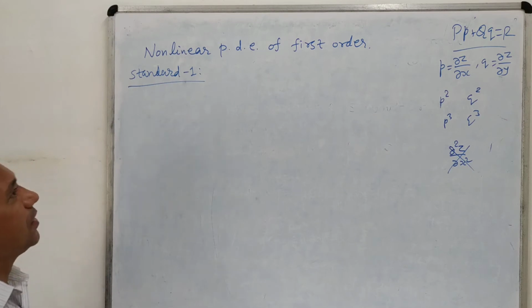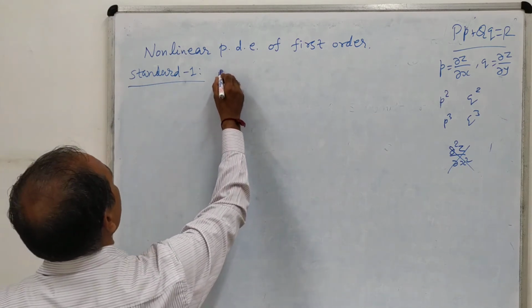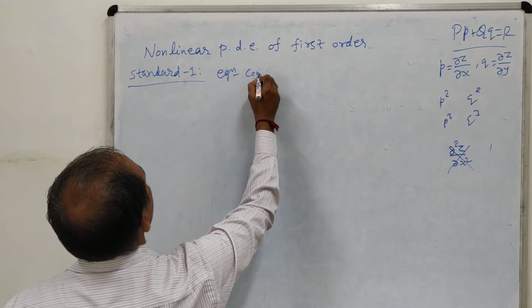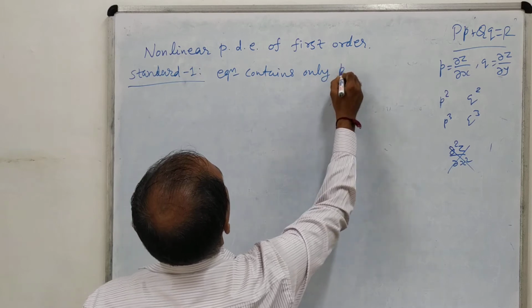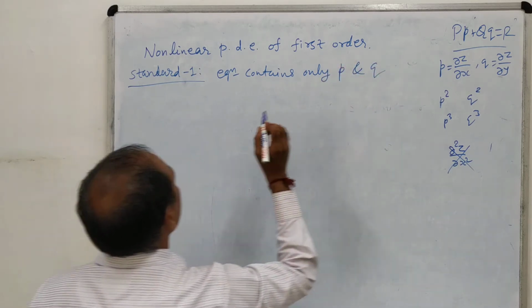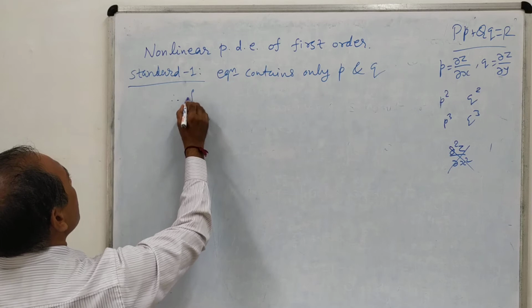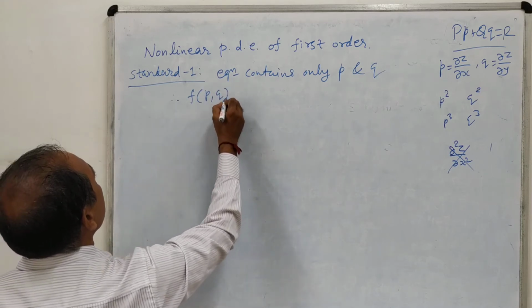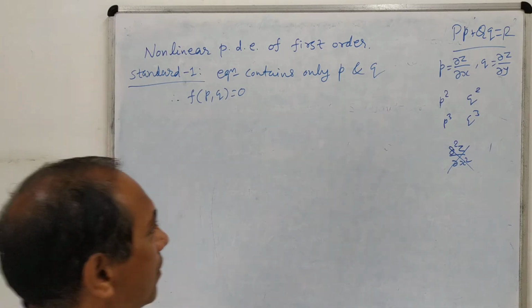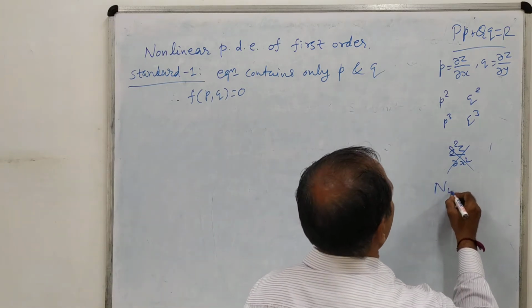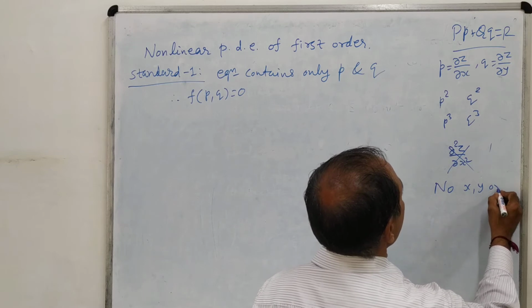is that when the equation contains only p and q, that means we will consider a function as f of p, q equal to 0. That means in this equation no x, y or z is involved.